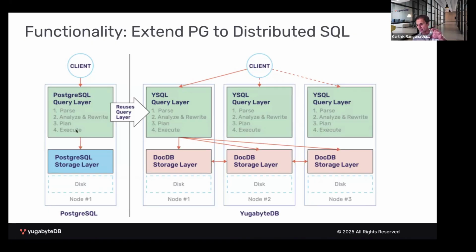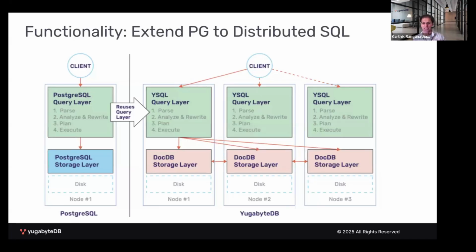So we retained the green box and made it stateless, able to run on any node, and replaced the blue box with our own storage layer, which is a distributed transactional storage layer, right? So the blue box is now distributed and replicated, and it gives the information to the green boxes above in the way that Postgres expects it, as a tuple.